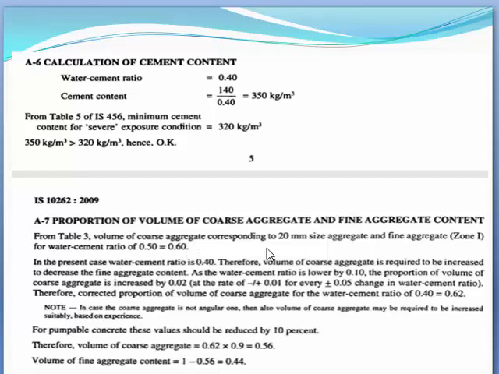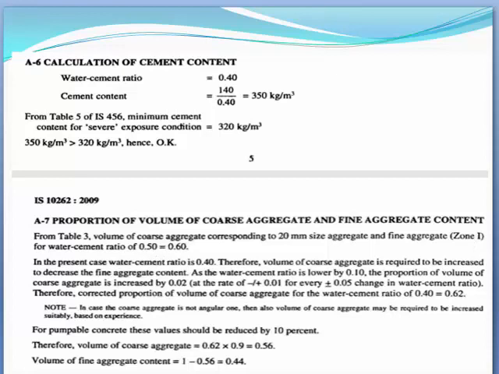That means this 0.60 value which we have noticed from table 3, derived for 20 mm size aggregate and for the fine aggregate conforming to zone 1, is basically for water cement ratio 0.50.